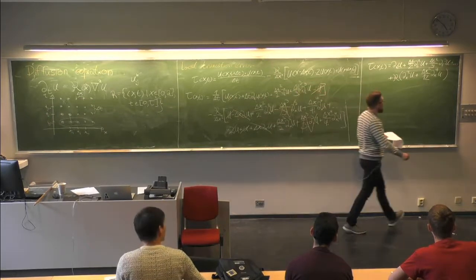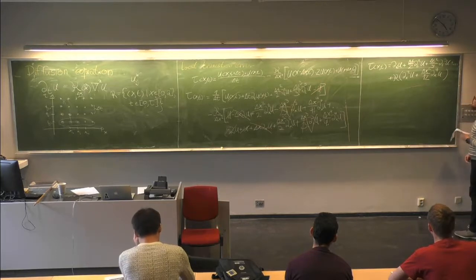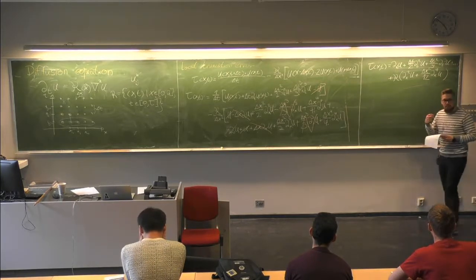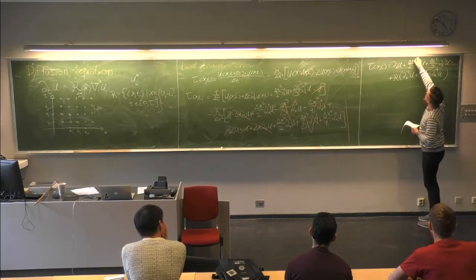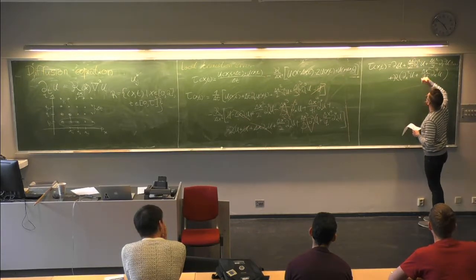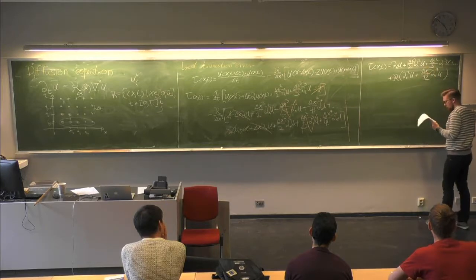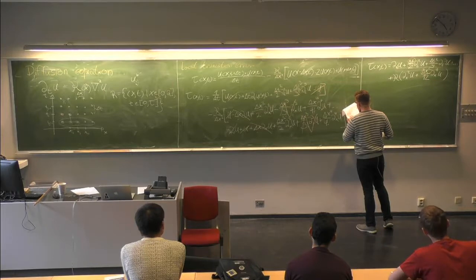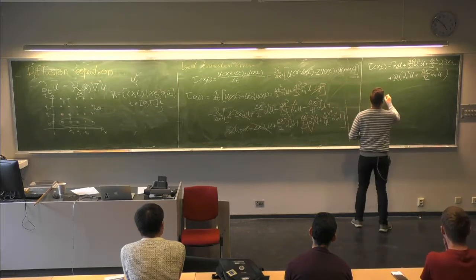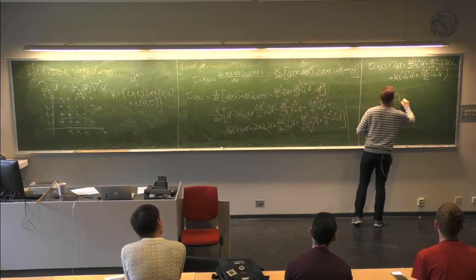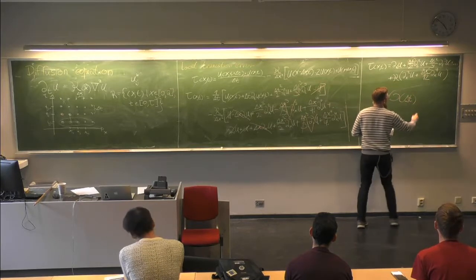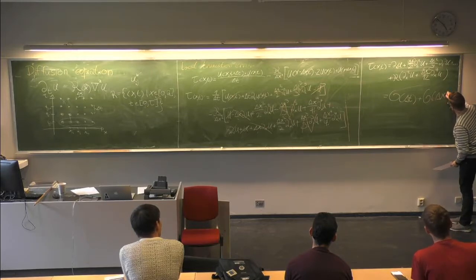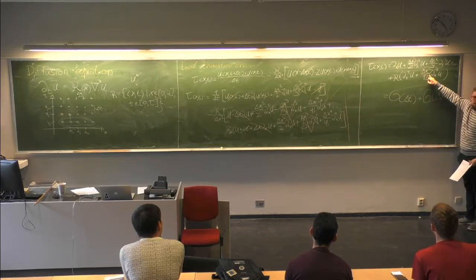Okay, so what are the terms here? Well, without doing anything, this one says this is big O delta t, x. Those are the lowest terms.